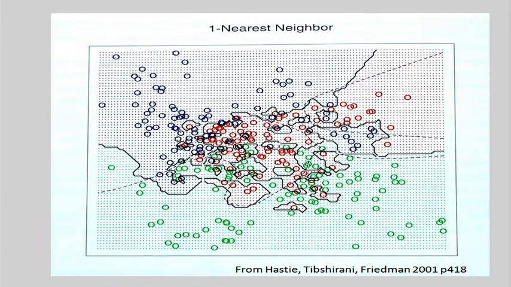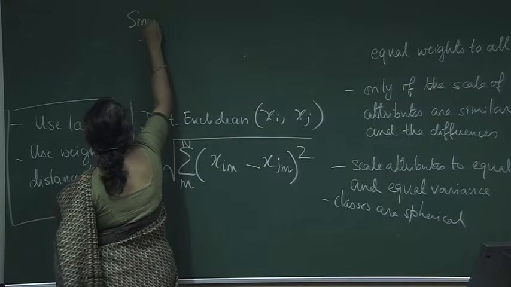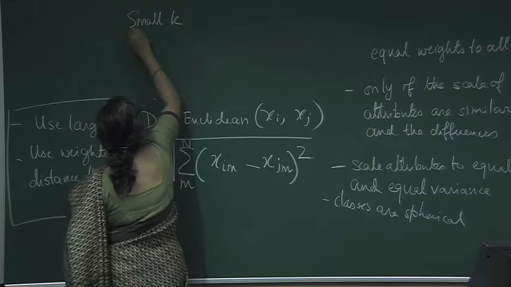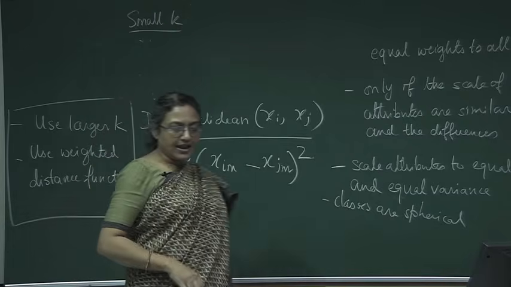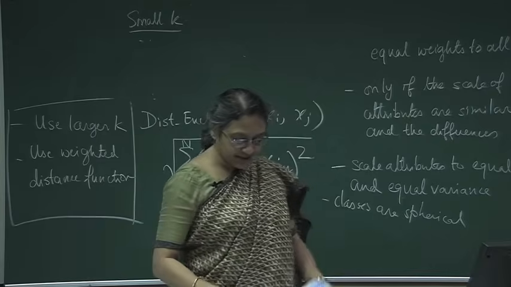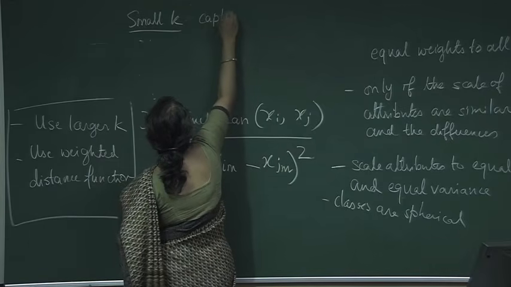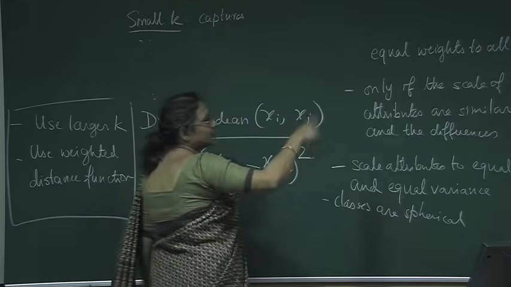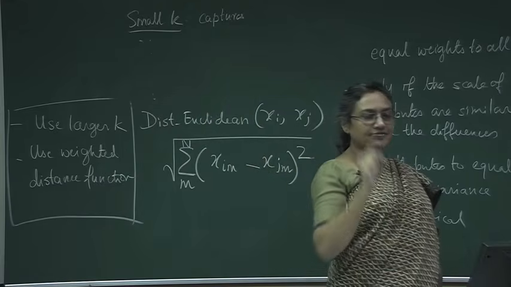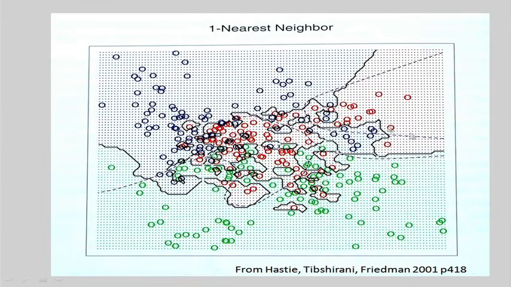What we can see is that a small value of k captures fine structures of the problem space better. These lines capture very fine structures. For example, in this region the class is blue, whereas in this region the class is red.